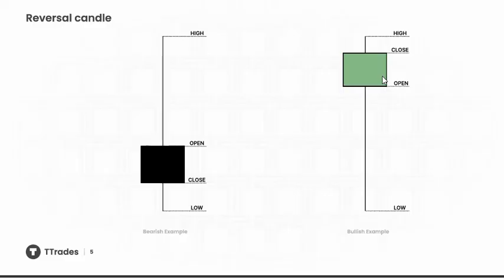So when you see a reversal candle, it indicates that the market is reversing. Normally we say that this means the market is rejecting whatever level that it hits. That means the market does not want to go below this level, and then this reversal candle is going to support either higher prices, or if it's bearish, lower prices.